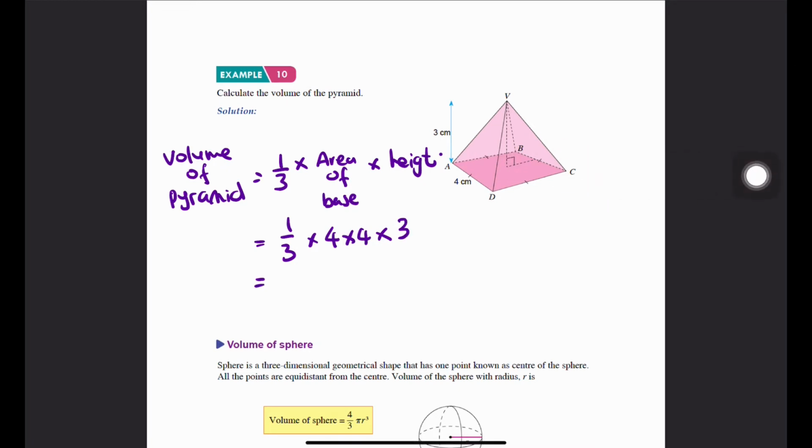So over here we can cancel the 3, so 4 times 4 is 16 centimeter cube.